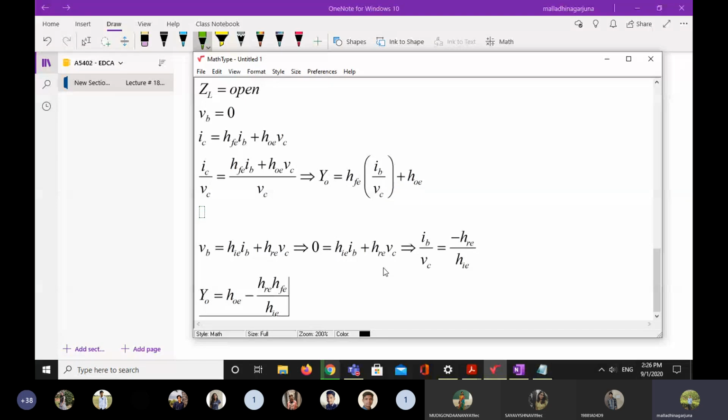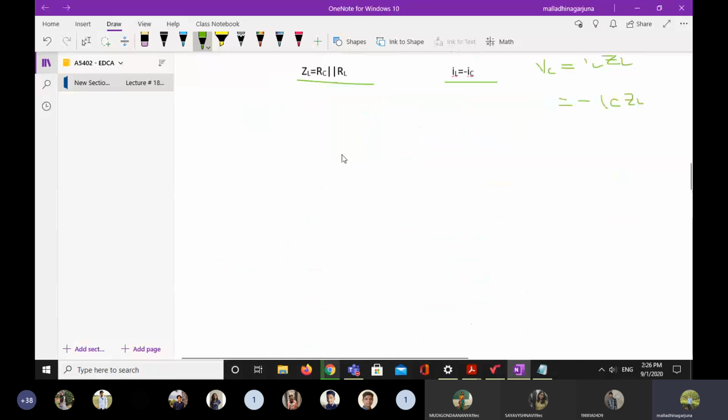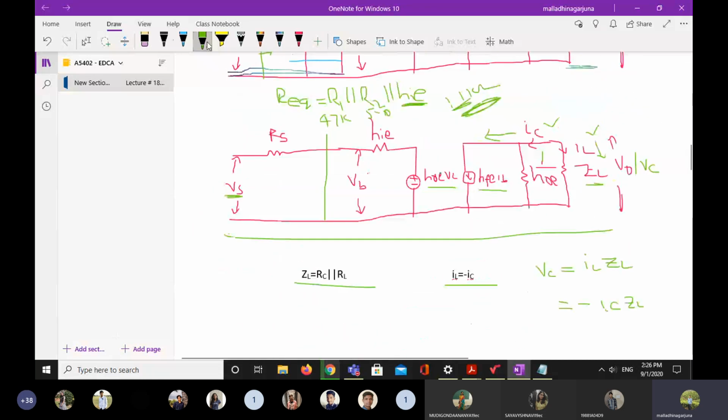If we take the source resistance into consideration, what happens, that we are going to see. Here I'm taking the source resistance also into consideration.